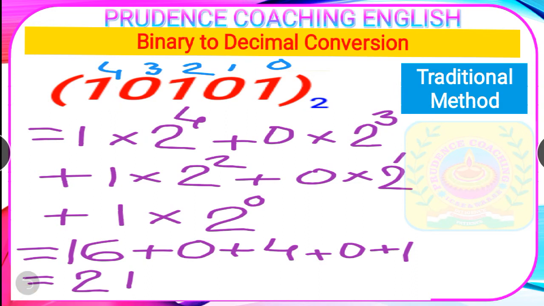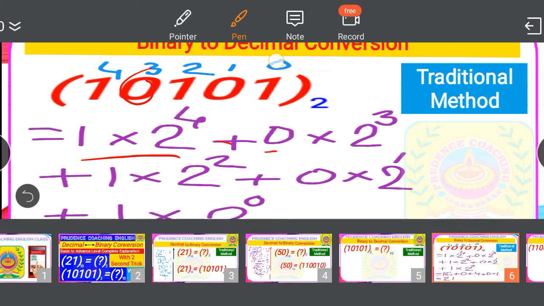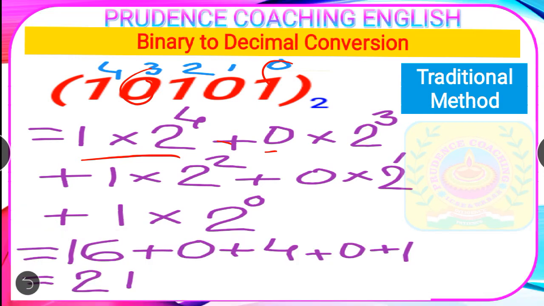Next it will continue with the addition. So 1 into 2 to the power 4, then plus 0 into 2 to the power 3. Next plus 1 into 2 square plus 0 into 2 to the power 1 plus 1 into 2 to the power 0.